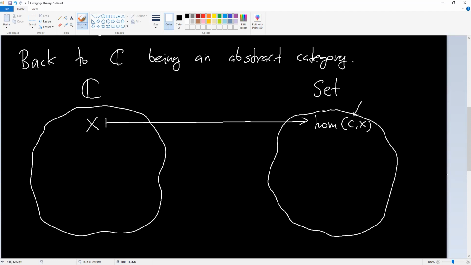This C here is a fixed object in the category C. So if I have another object Y, I will also have the set Hom(C, Y). And this way, I'm kind of turning the objects of the abstract category C into sets.